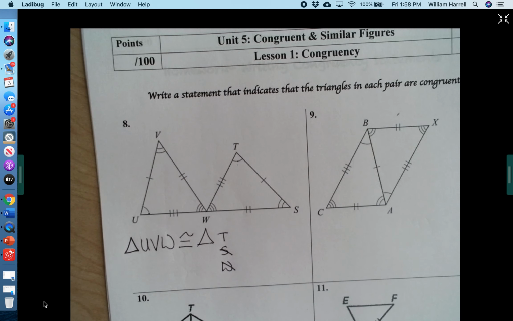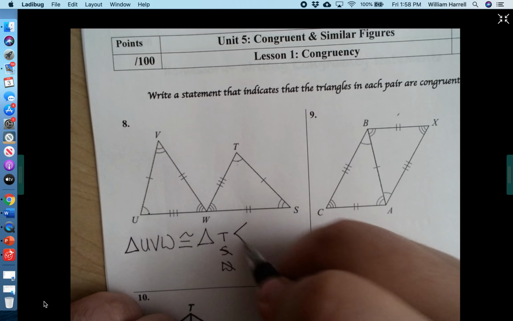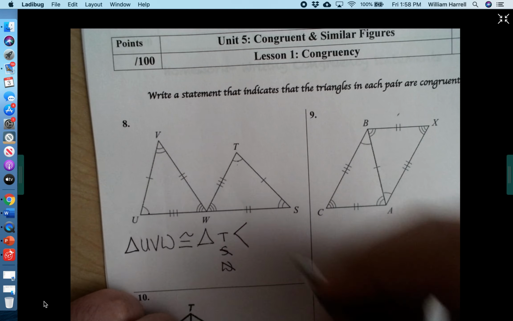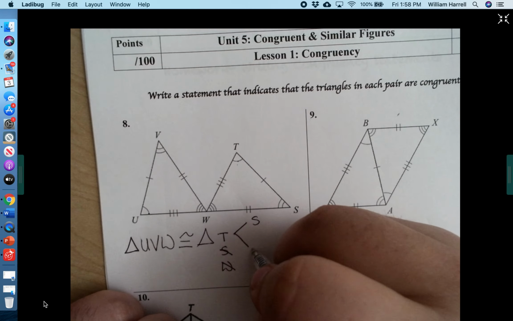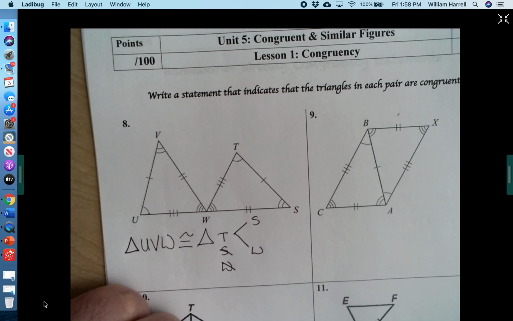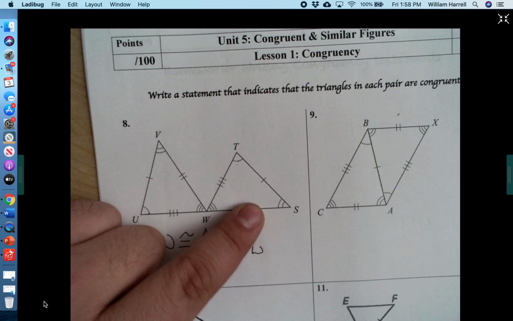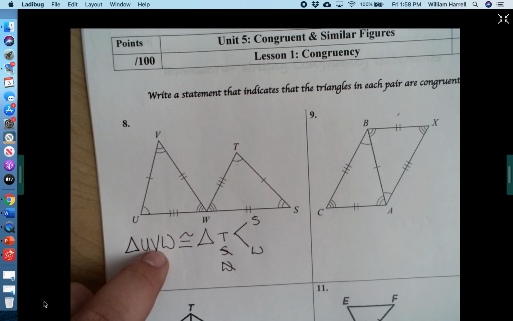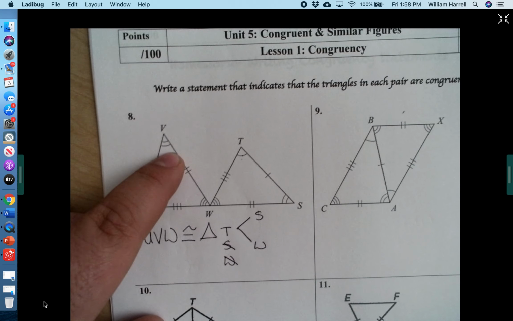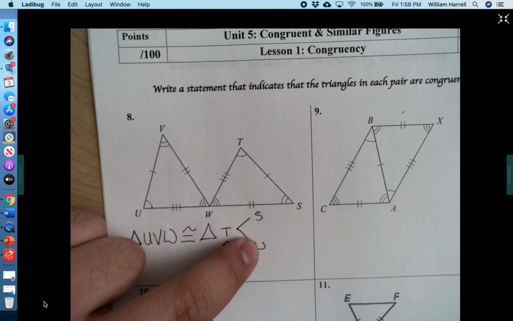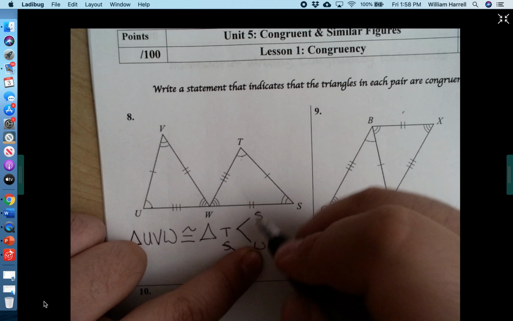U only has one mark. That's why these markings are so important. Now, I have two options. I can go S next, or I can go W. Where I go is 100% based on how I write my first triangle. V has two marks. So which of these, S or W, has two marks? Well, S.